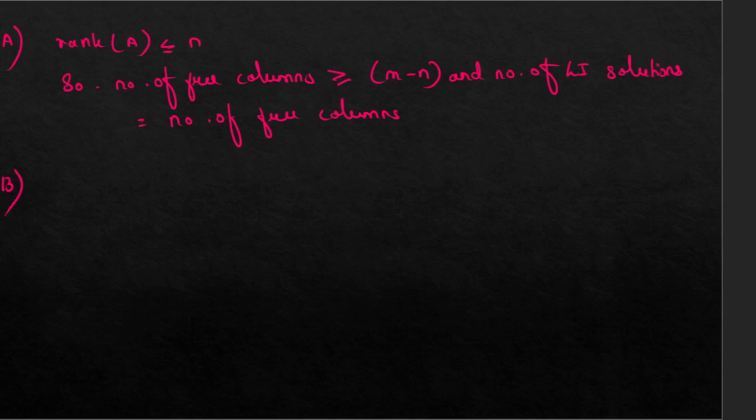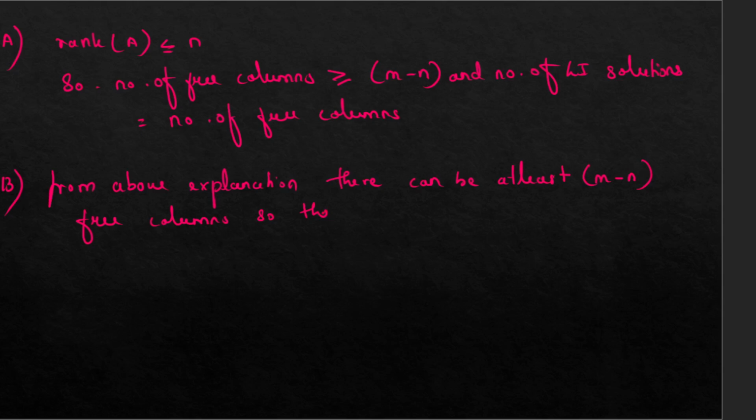B, let's write. So from the above explanation, there can be at least m minus n free columns.